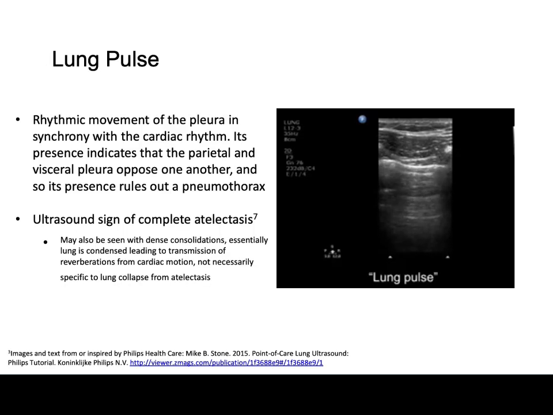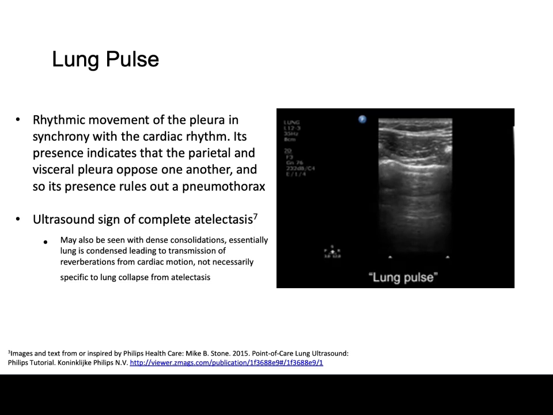Here is an example of lung pulse, which at first glance may appear like lung sliding, but it appears that the pleura is moving in relation to the heartbeat instead of the respiratory cycle. Here on the right-hand side of the slide, you can see rhythmic movement of the pleura in synchrony with the cardiac rhythm.